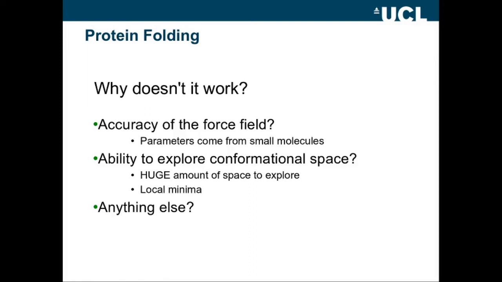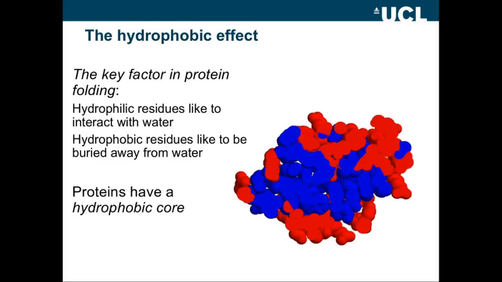Is there anything else? Well, yes, it's our old friend, the hydrophobic effect. And this really is the key factor in protein folding. Hydrophilic residues, as we've seen before, shown in red, like to be on the outside interacting with water, while the hydrophobic residues like to be buried away from water. And because this is an entropic effect, it can't be simulated easily just using the standard force fields.